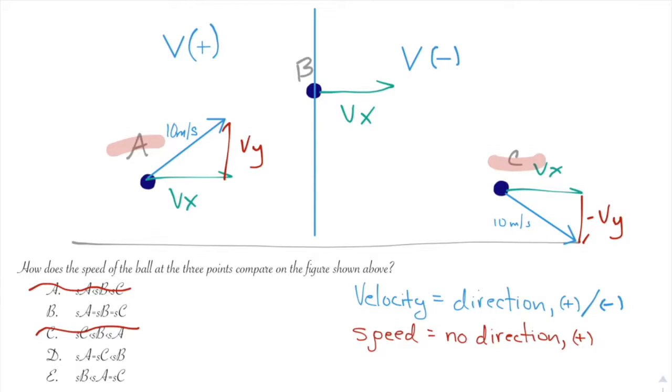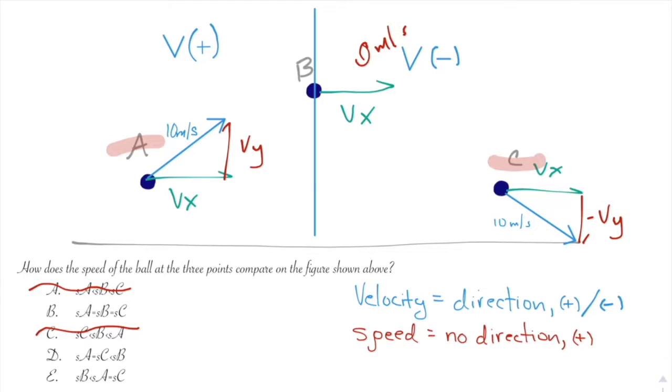And so because all of them have a positive component of velocity in the horizontal direction, we can pretty much ignore that in this problem, because what we're really comparing is the vertical components of velocity. And so at that point, Vy is equal to 0 meters per second. It's at the peak height.